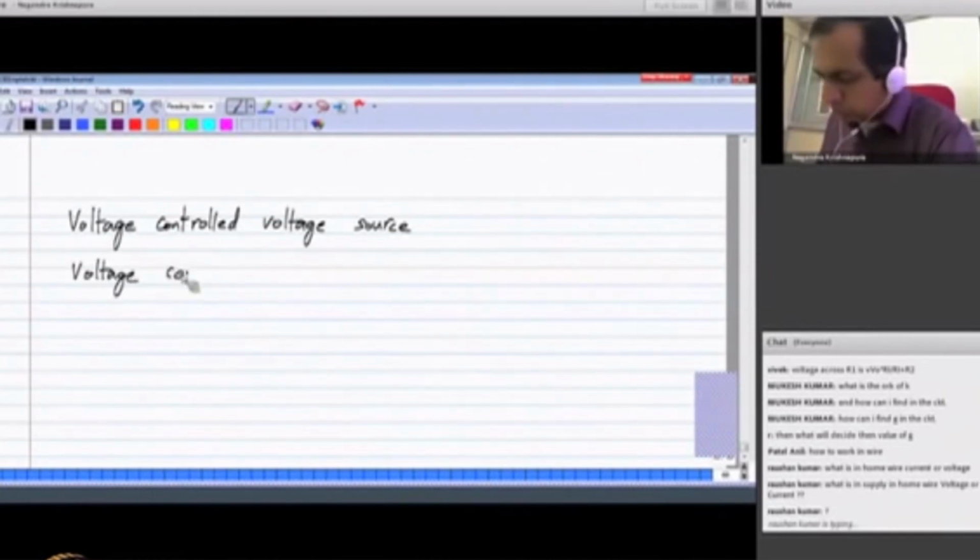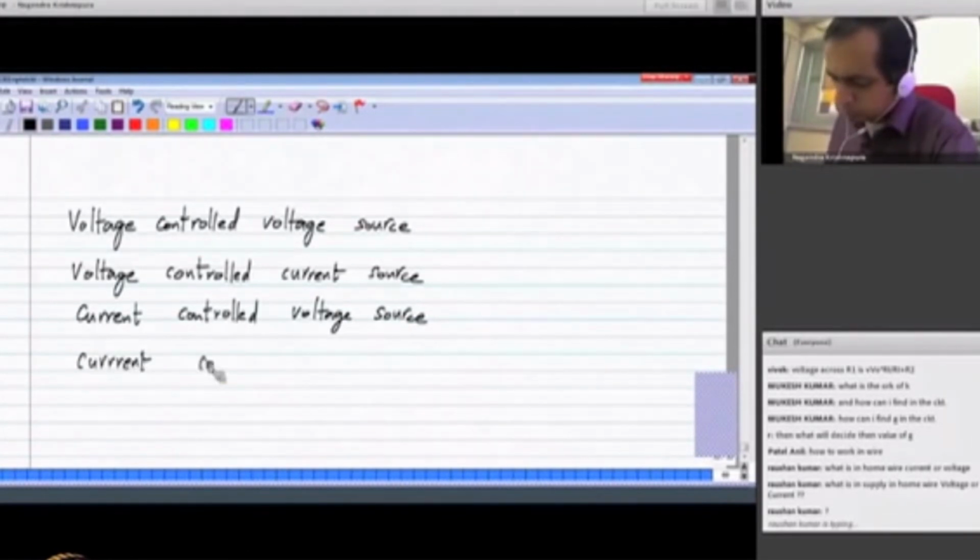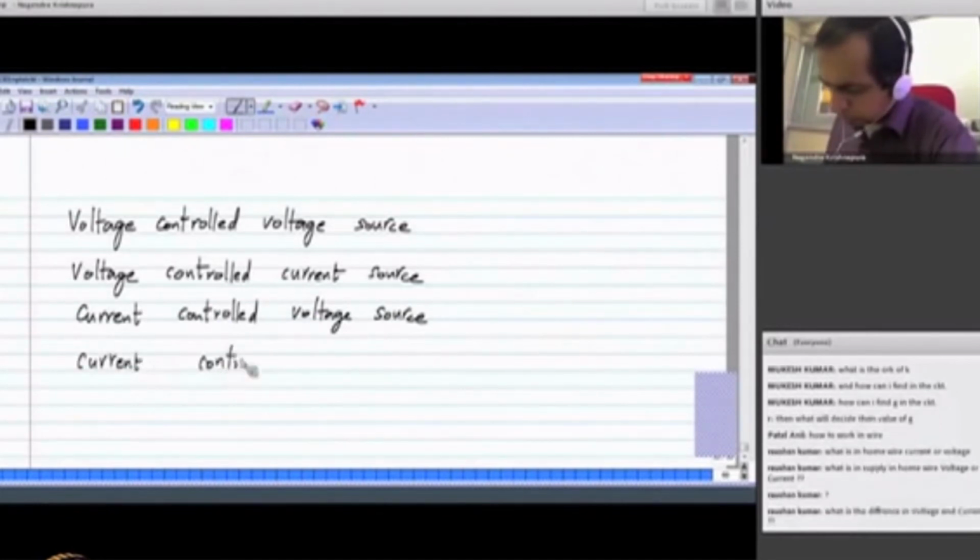Voltage controlled voltage source, voltage controlled current source, a current controlled voltage source, and a current controlled current source.